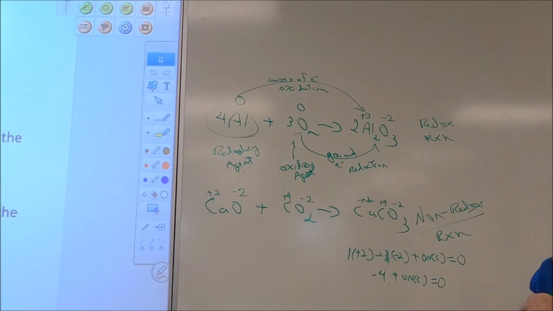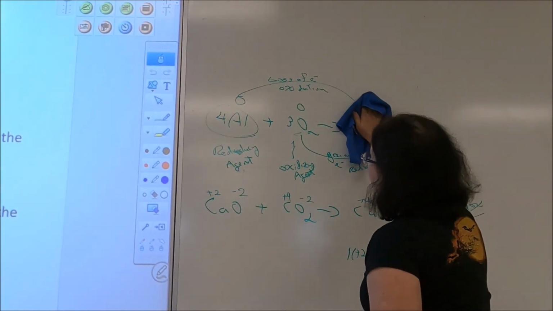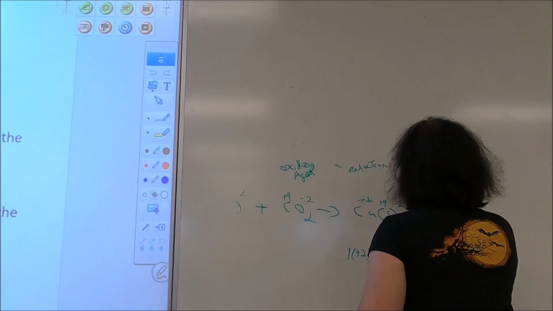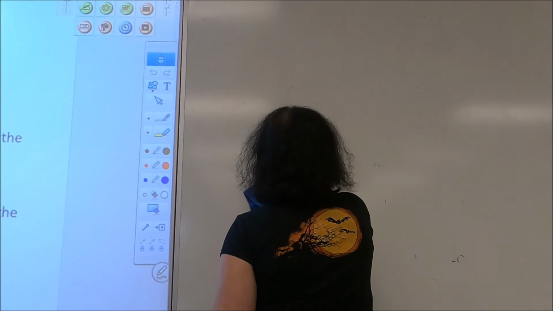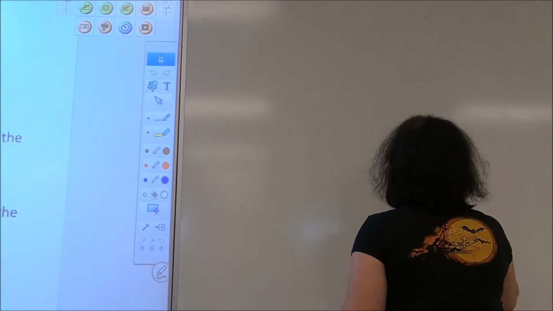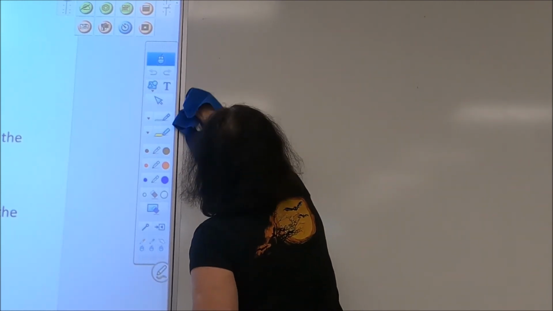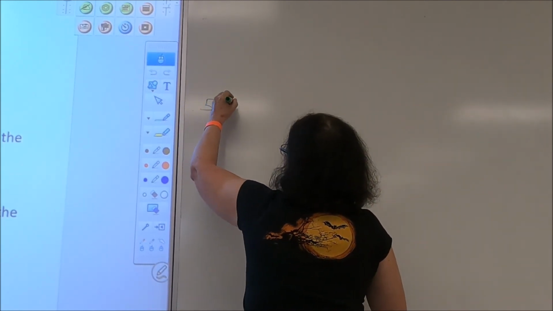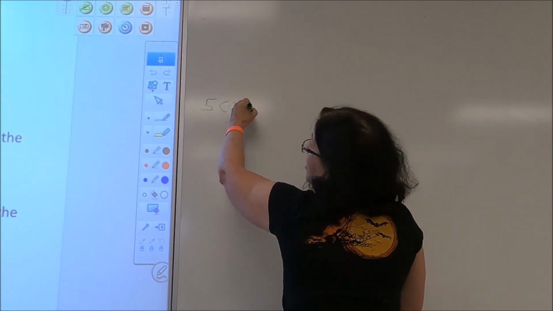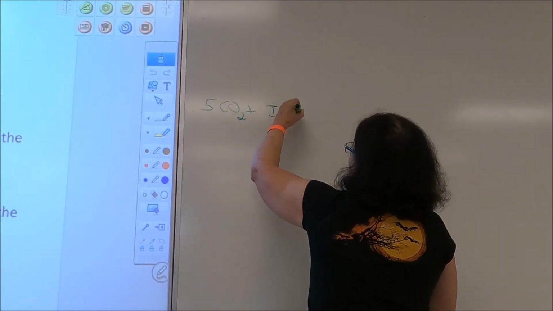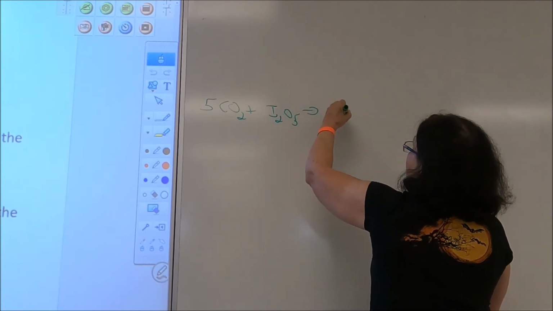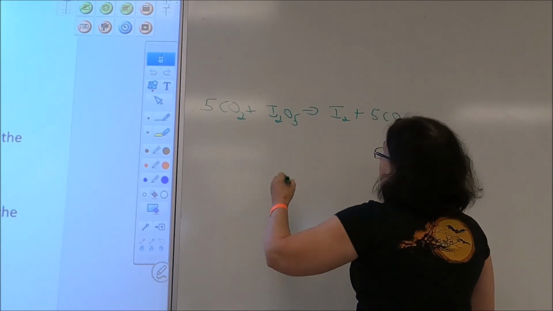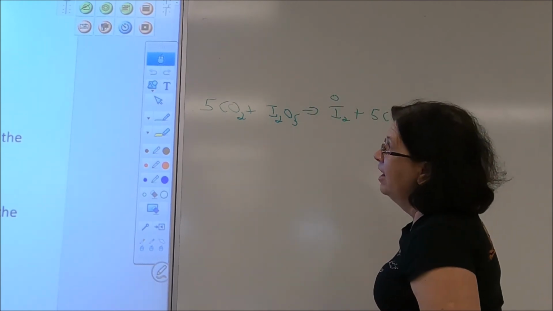Now, let's look at a reaction that doesn't involve just pure elements as our reactants. Okay, so I'm going to look at the reaction 5 carbon monoxides plus an I2O5 going to iodine and 5 CO2s. Now, iodine here is pure, its oxidation number is 0.